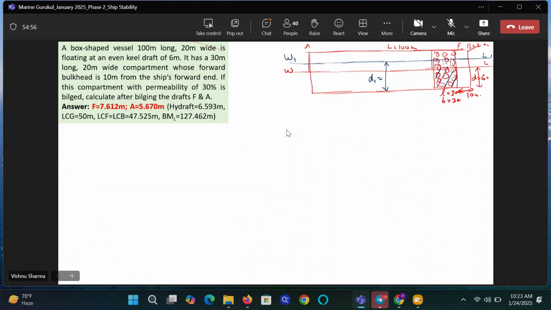Now, right below this, please make the water plane area in bilged condition at which level? W1, L1. Permeability is 30%.